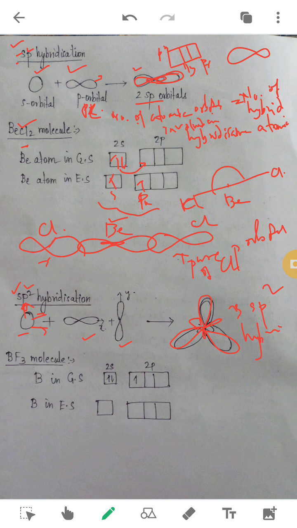As I told you, the number of pure atomic orbitals undergoing the hybridization process, here we can see 1s and 2p, thus 3 pure atomic orbitals are going for hybridization, and thus how many sp2 hybrid orbitals will be formed? 3 of them. So these are the 3 sp2 hybrid orbitals which are formed.